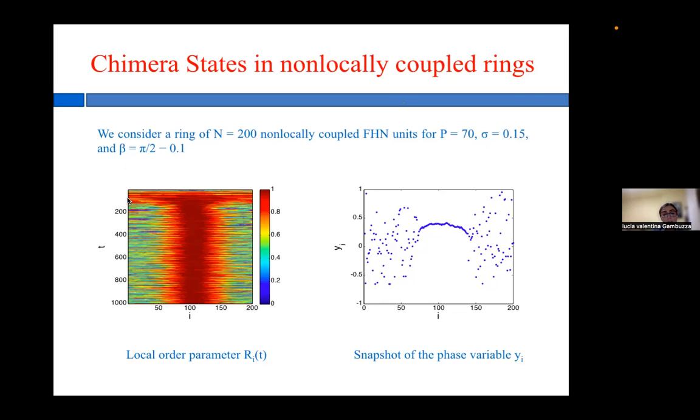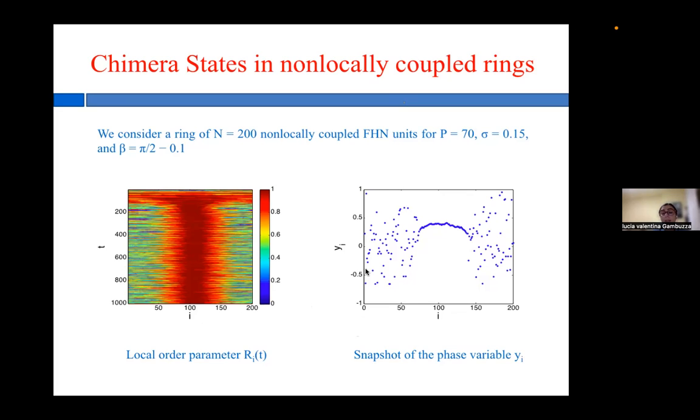So the part in red is the coherent part, in which the local order parameter is almost equal to 1, approaches the value of 1, and all the other values mean that we have a smaller value of the order parameter.